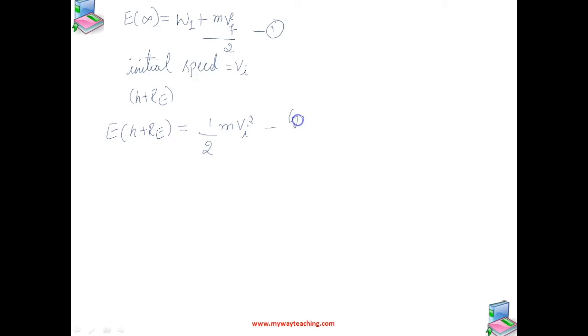It is the sum of kinetic and potential energy, minus G m Me by h plus Re, plus W1.